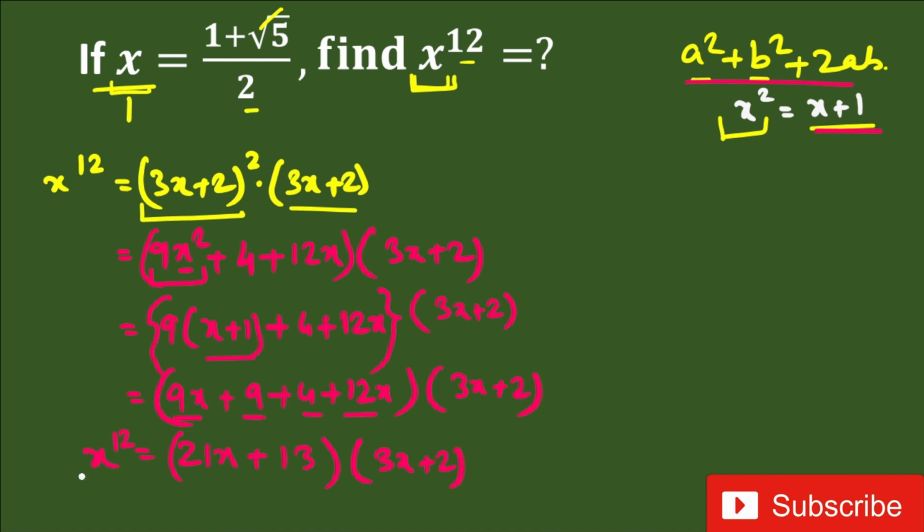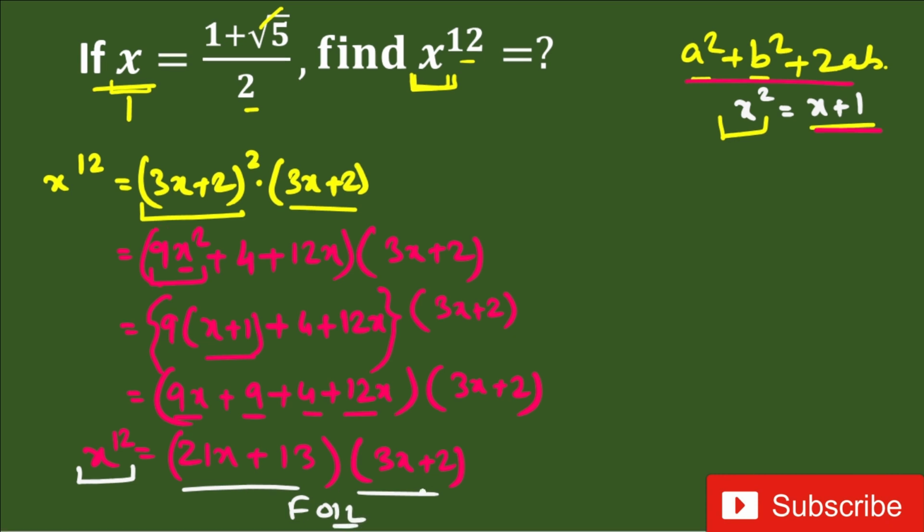Now here you can see the value of x raised to the power 12 is given in two factors. Now we'll use the FOIL method for multiplication of these two. In the FOIL method, first we multiply the first terms, 21 and 3.